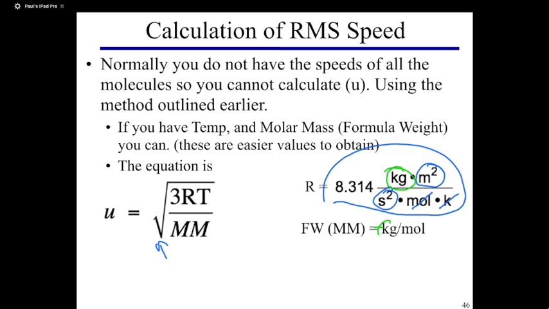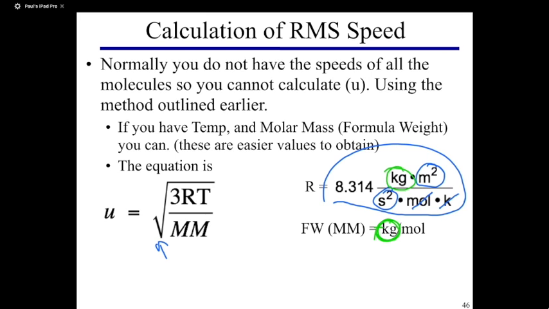The molecular weight must be in kilograms per mole for this to work. So you have to use a different R, and you have to use a different molecular weight. Do you know what's going to be really bad on the exam if you use the other R and you use grams per mole? You'll have an answer that matches up, but it will be completely wrong.